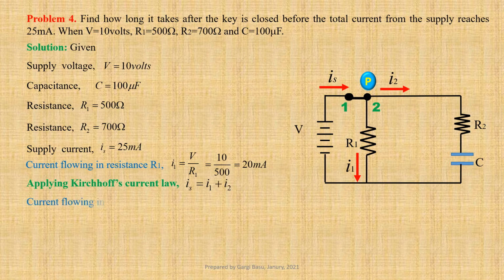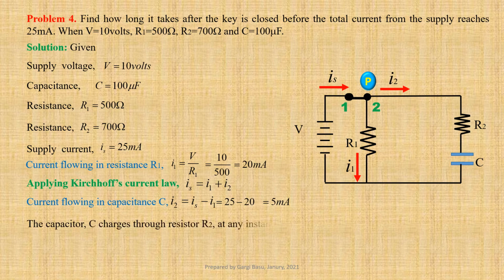Therefore, current flowing in the capacitor I2 equals Is minus I1, that is equal to 25 minus 20, that gives us 5 milliampere.